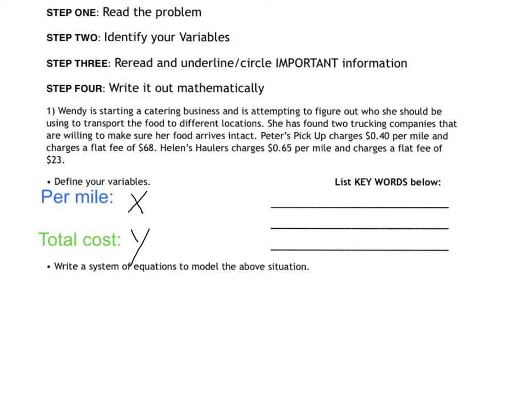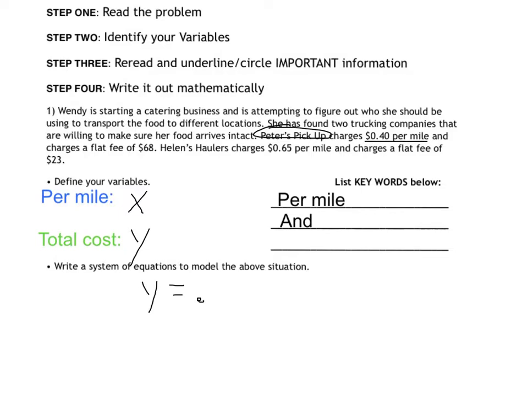So let's go ahead and list some of our key words. So 2 keywords I found were per mile and, okay, per we know means multiplication and and we know means addition. So our first equation is going to deal with Peter's pickup, okay? And it says here that he charges, so the total cost for Peter's pickup equals, okay, 40 cents per mile.